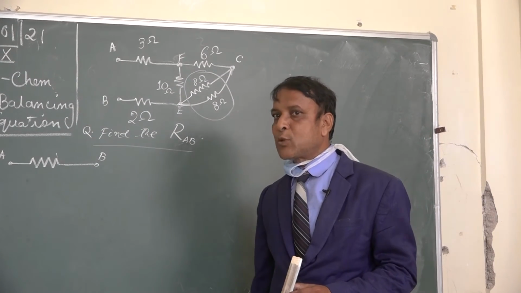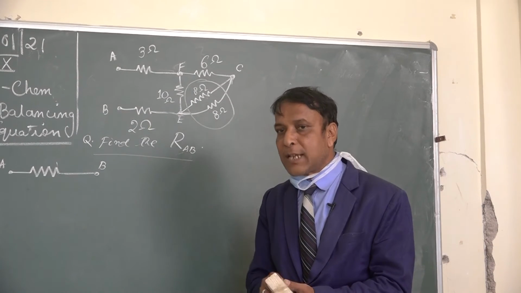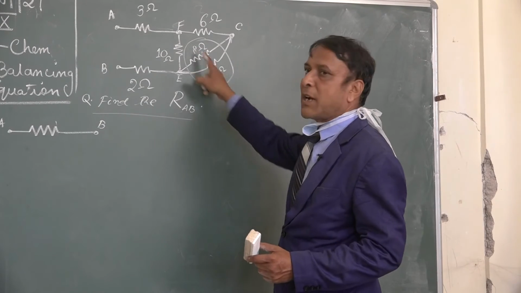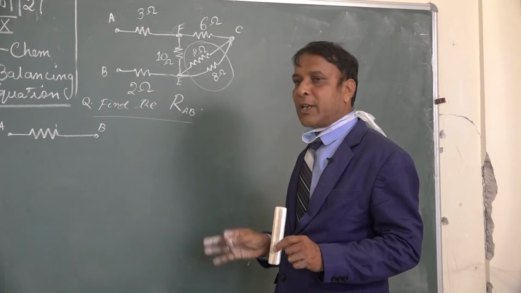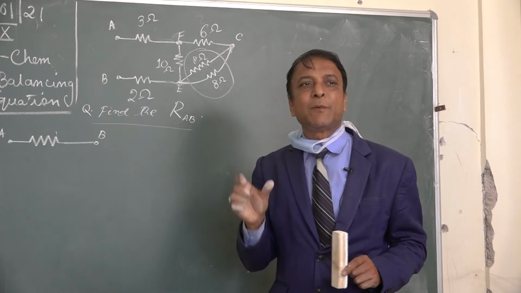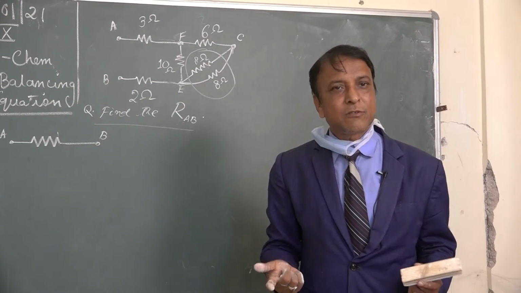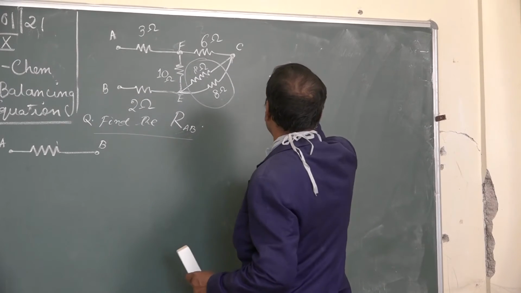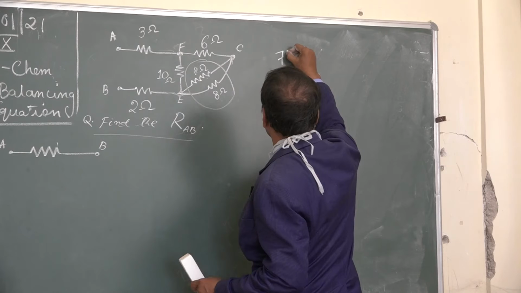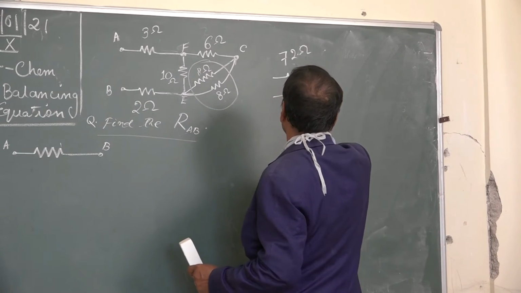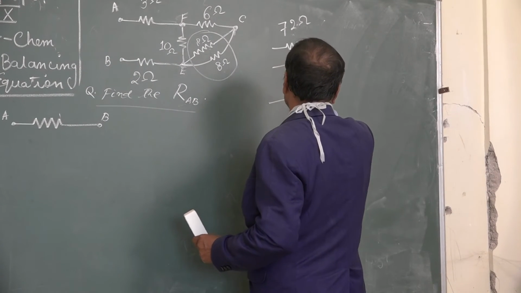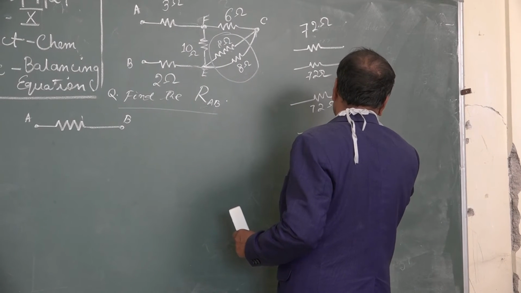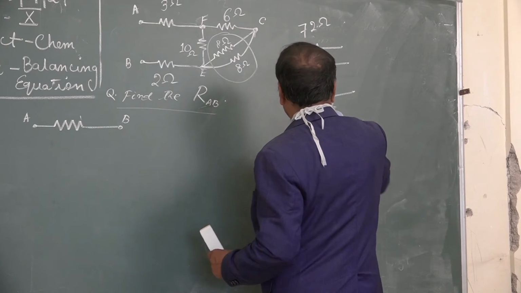So I had said you, if two equal resistances are in parallel connection, then you can do this into this by this plus this. Or if the resistances are the same, then individual resistance divided by 2. Very good. Suppose this is 72 ohm, this one 72 ohm, this one 72 ohm, this one 72 ohm, 4 resistors and all are in parallel.